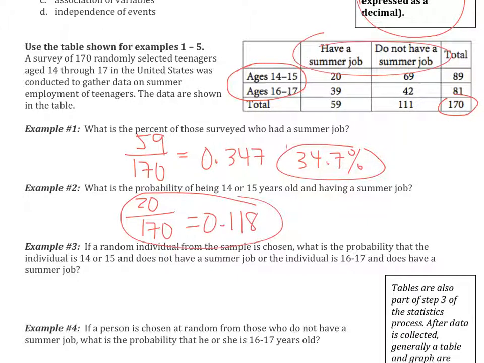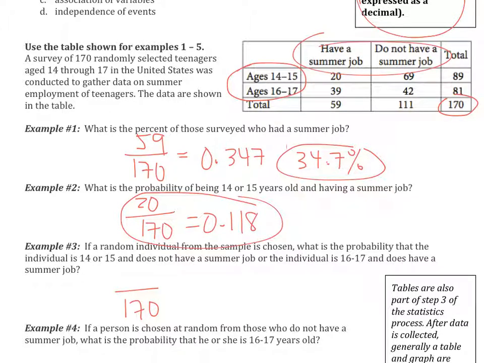Example 3. If a random individual from the sample is chosen, what is the probability that the individual is 14 or 15 and does not have a summer job, or the individual is 16 to 17 and does have a summer job? So if a random person from the sample is chosen, so I have 170 options of people to choose, what is the probability of being 14 and 15 and not having a summer job?